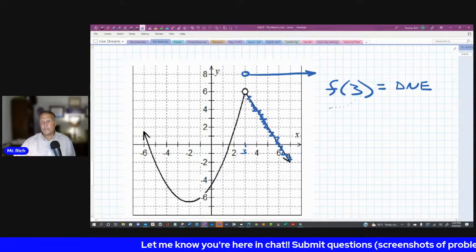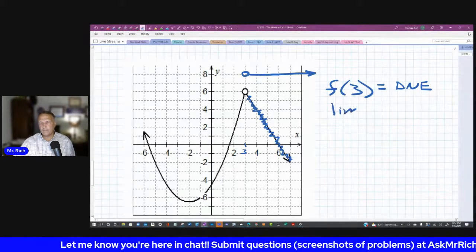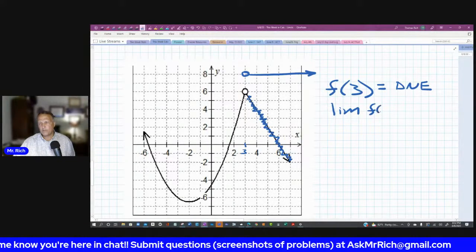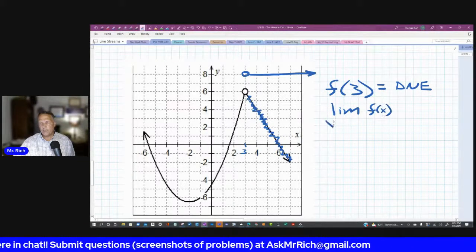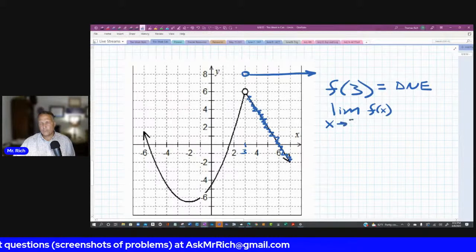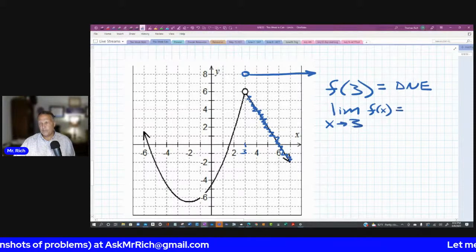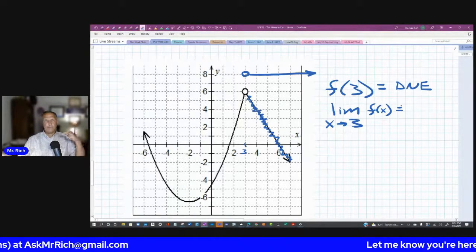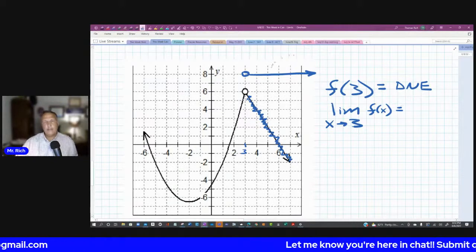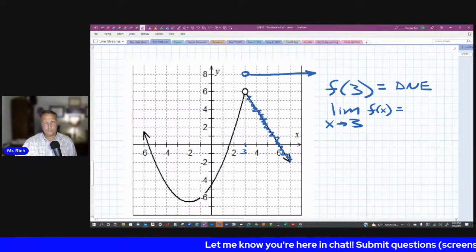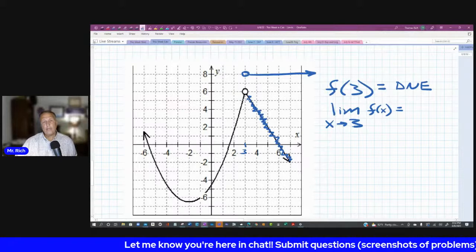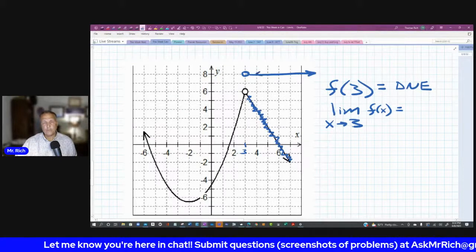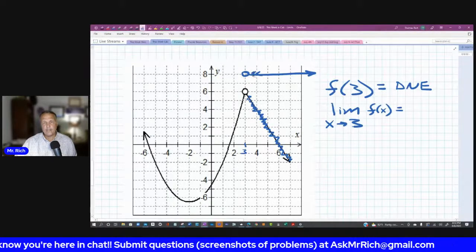But what if I decide to take the limit of my function f of x as x approaches 3? This requires me to look on both the right-hand side and left-hand side. Now, the y value that I get closer to as I come into x equals 3 from the right-hand side is 8.